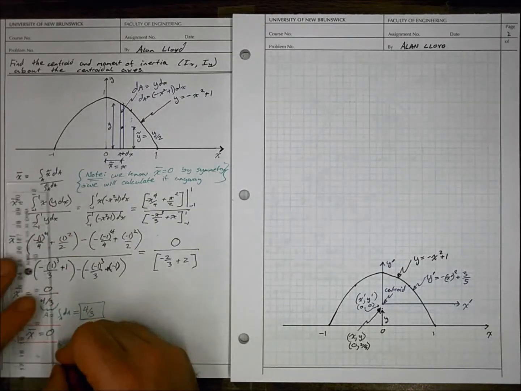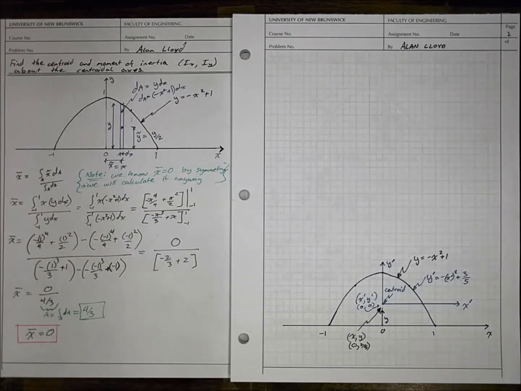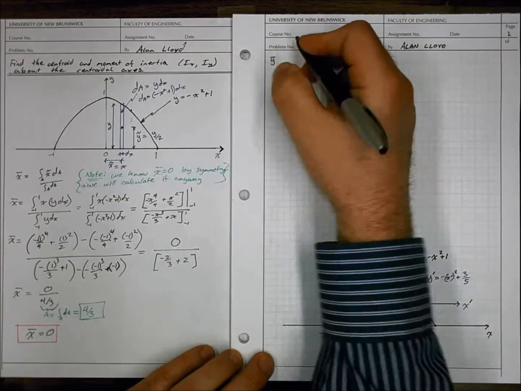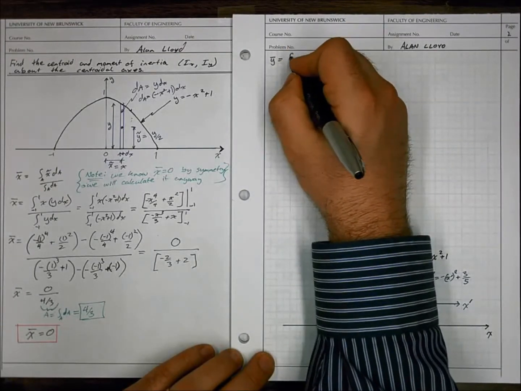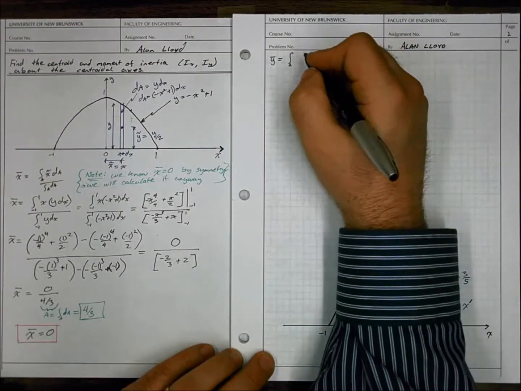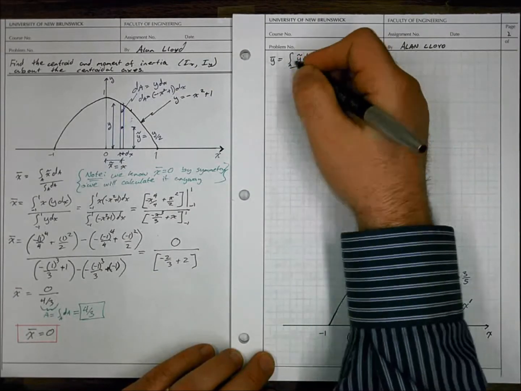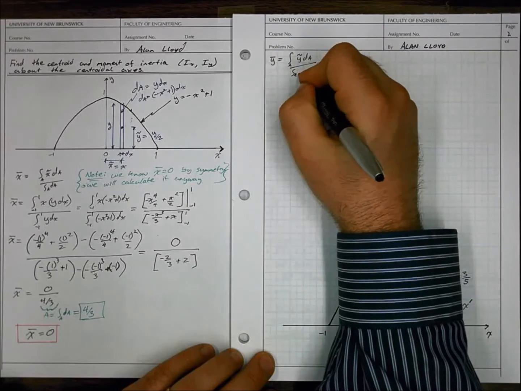So that was the easy part of this example. Now we'll move on to determining y bar. And y bar is equal to the integral over area of y tilde dA divided by the integral over area dA.